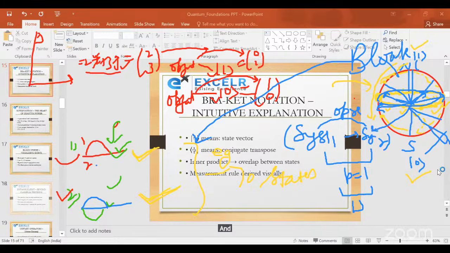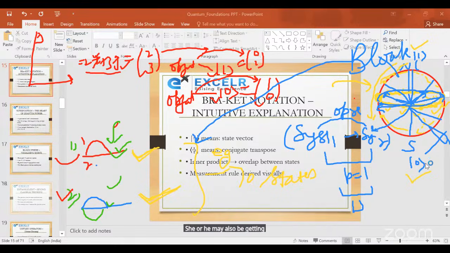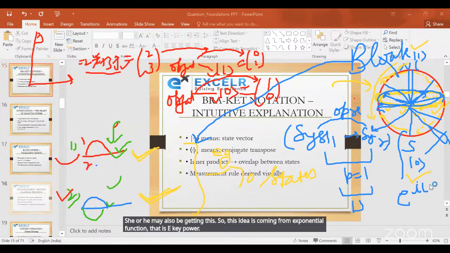And from where has this idea come? The idea is coming from hardcore math. I think all of us are from a science background, or if somebody is not from a science background, I think she or he may also get this. This idea is coming from the exponential function, e to the power i theta.